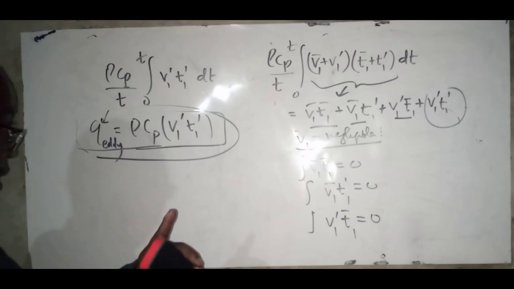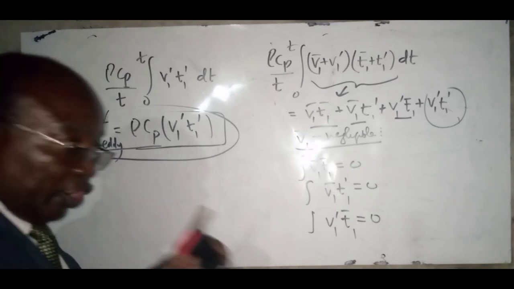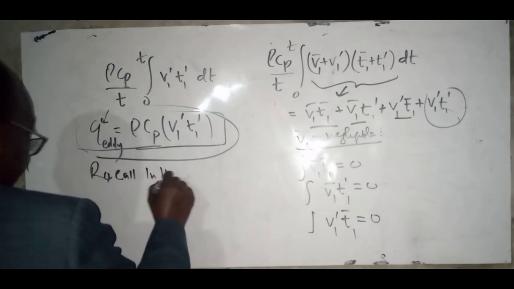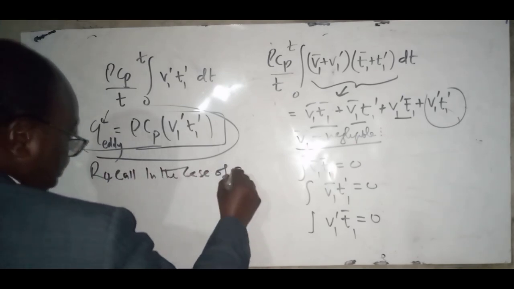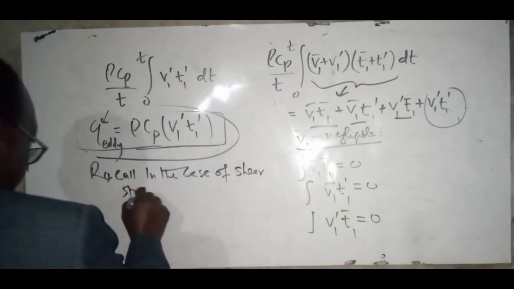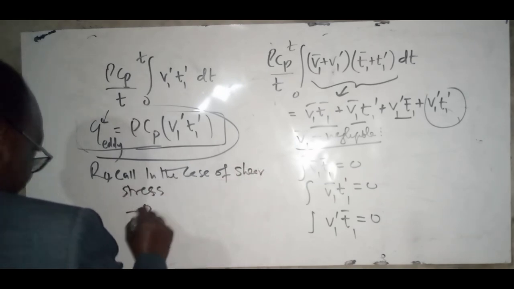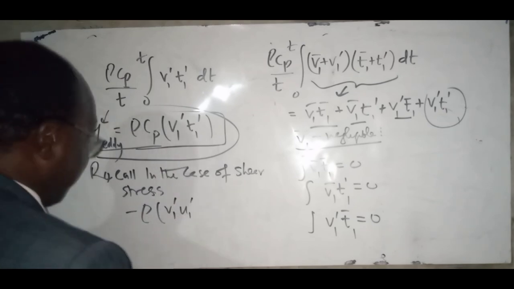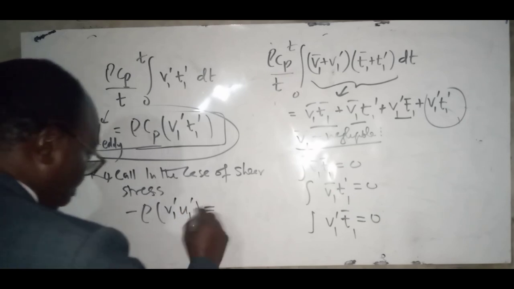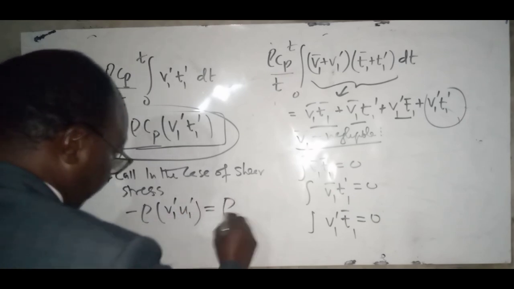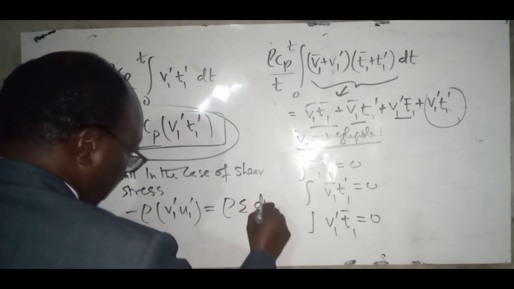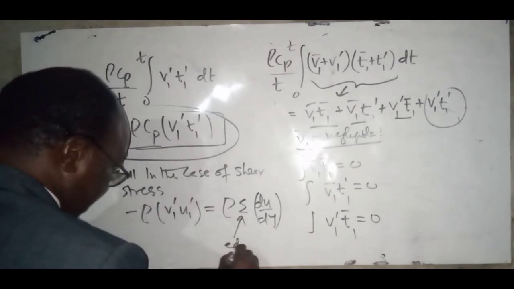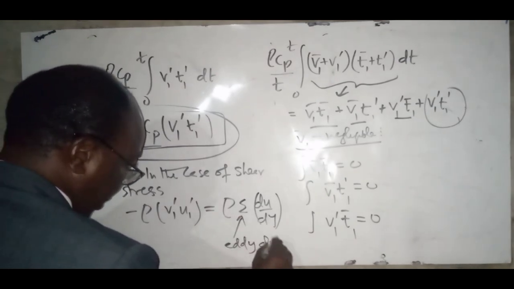Remember, in the case of shear stress, recall, we had minus rho times the mean of the velocity fluctuations, and that was equal to rho epsilon du dy, where epsilon was the eddy diffusivity.